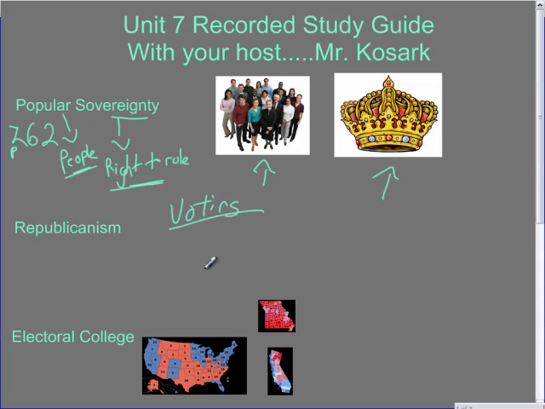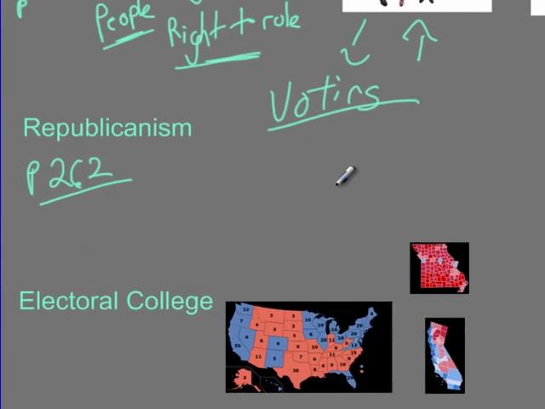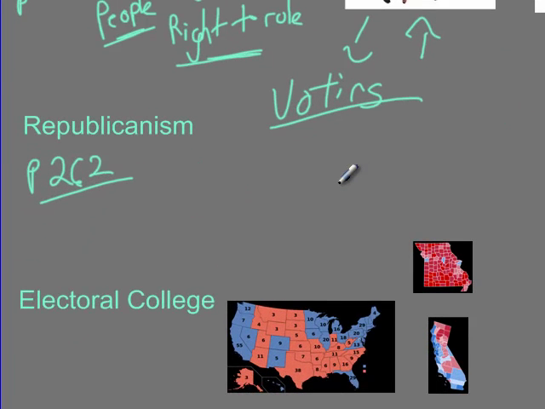Now we bring in the second principle of the Constitution, which is on page 262 as well, and that is republicanism. If the people vote, they vote for what? Most of the time in our country, they are voting for representatives.